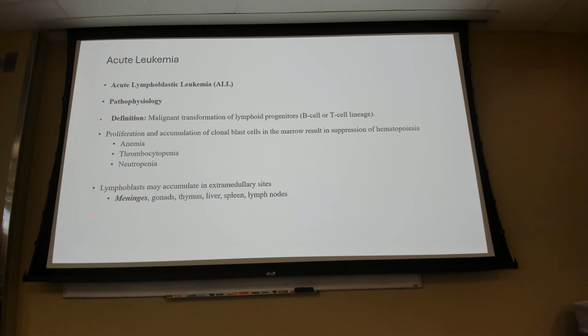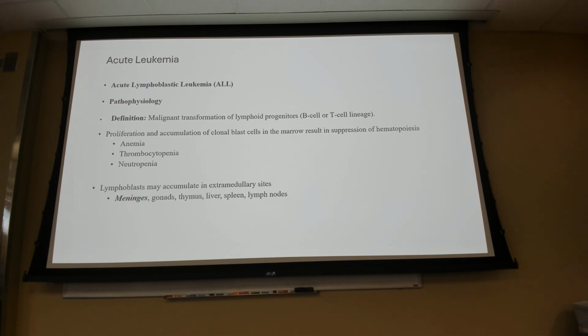But at the end of the day, it presents similarly, because the bone marrow gets crowded out by lymphoblasts. So I stop producing my RBCs, so I become anemic. I produce fewer platelets, I become thrombocytopenic. I'm crowding out all my other white cells, so I become neutropenic. Is that making sense to everybody?